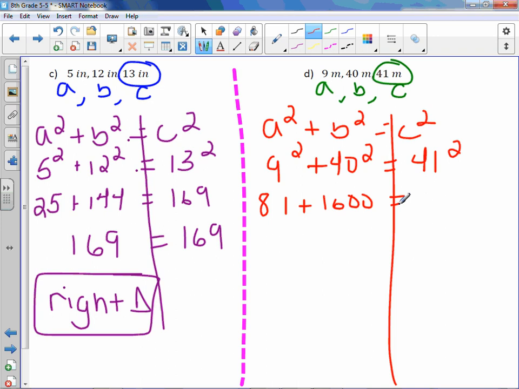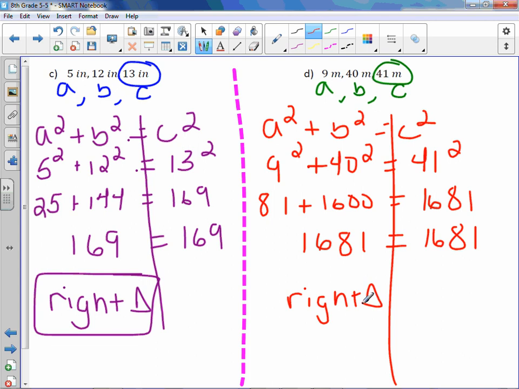And 41 squared is 1,681. Add the two on the left together. We get 1,681 equals 1,681. This is a right triangle.